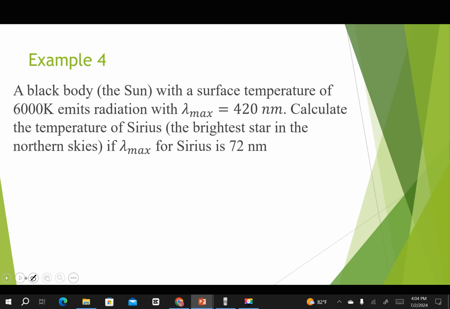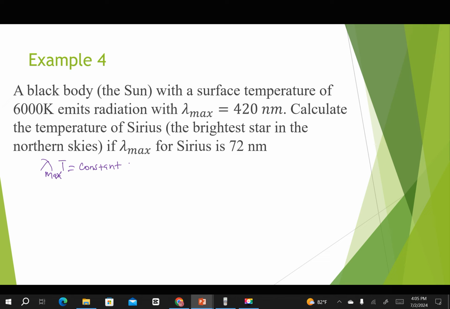So by Wien's displacement law, lambda max times temperature T is equal to a constant. And for that reason, I'll just have two equations.